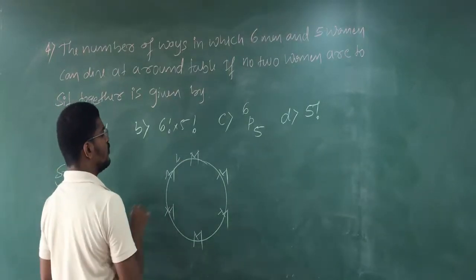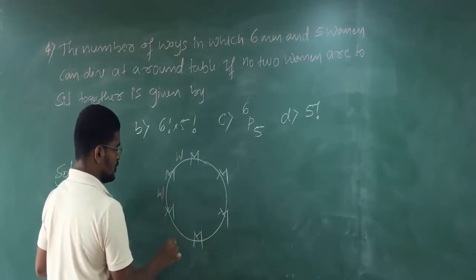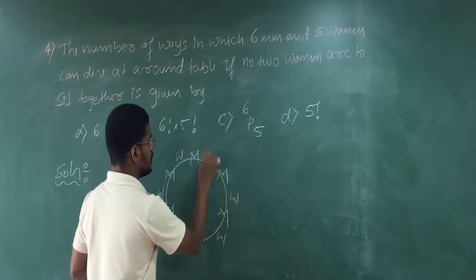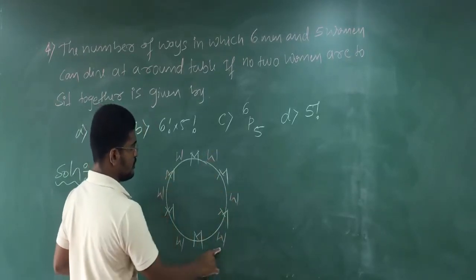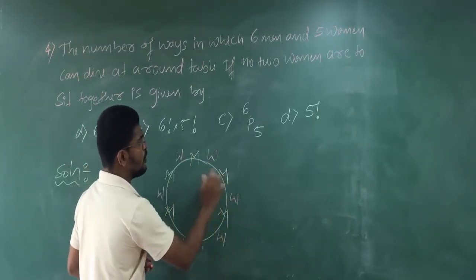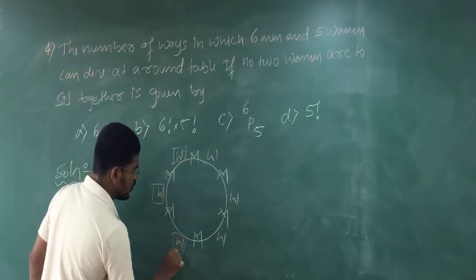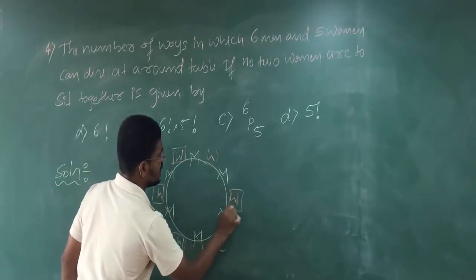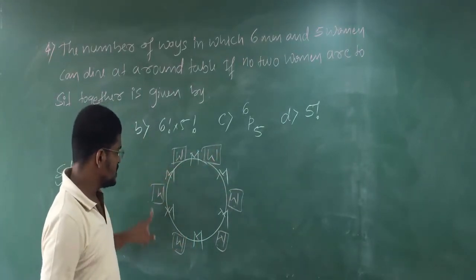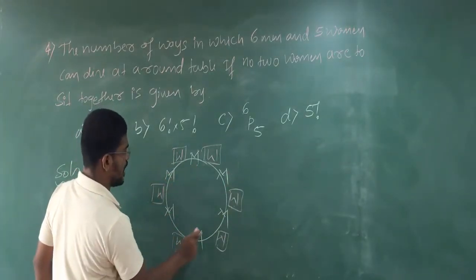This is a woman. So these are the places for the women. Clear? So women can be made to sit in these positions.